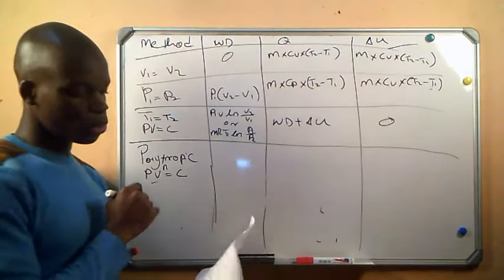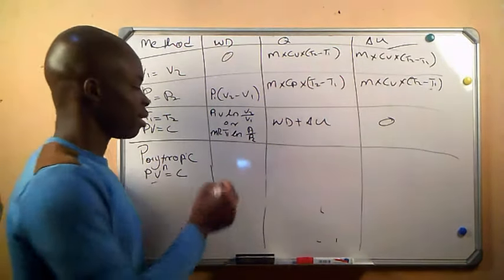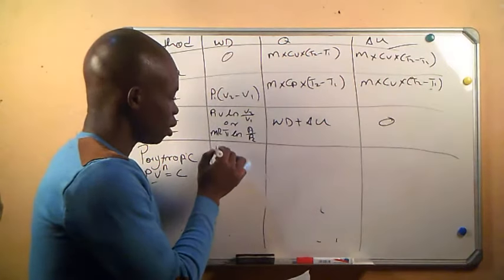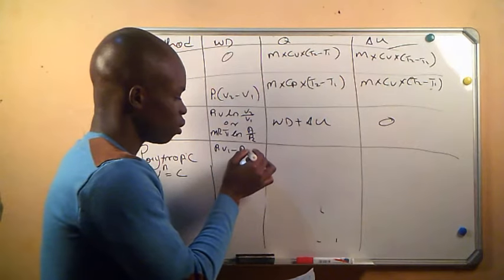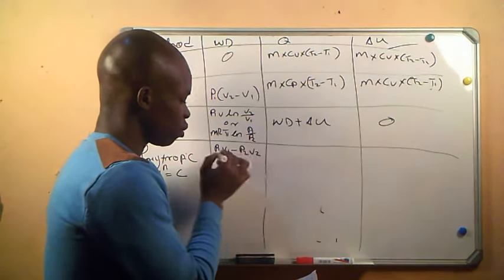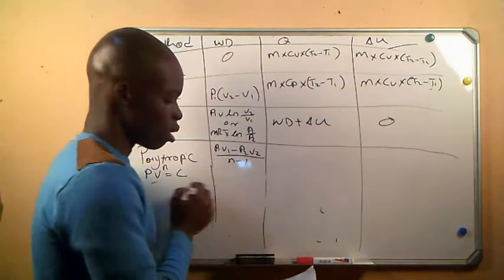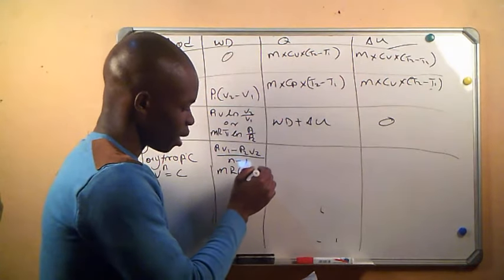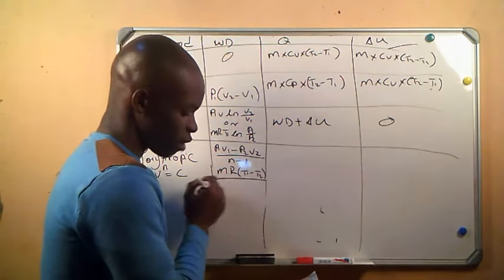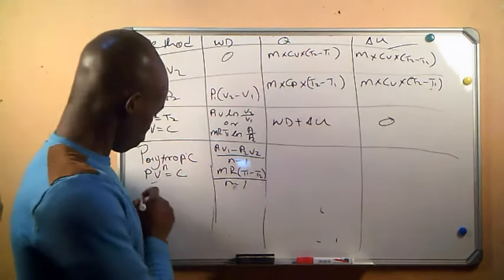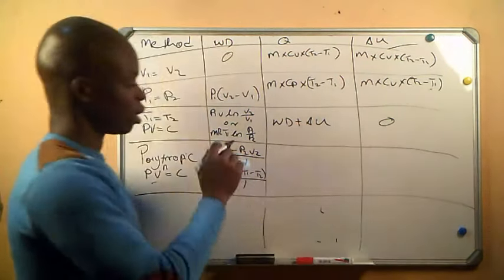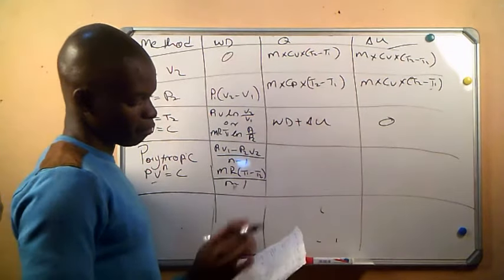Now to calculate our work done in this case, we will use P1V1 minus P2V2 divided by n minus 1. Or we can use mR in bracket T1 minus T2 divided by n minus 1, depending on the information that you have.